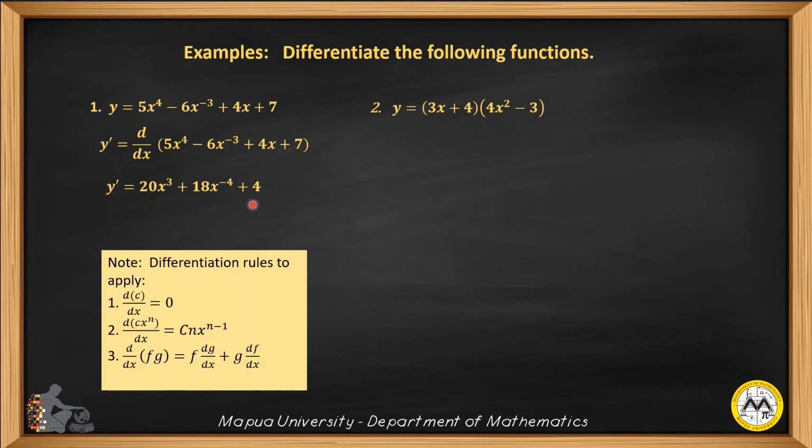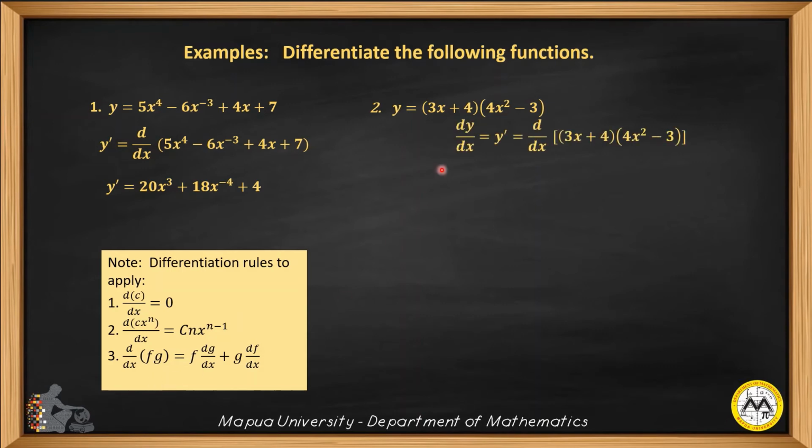Doing another function, here y is defined as the product of 3x plus 4 with 4x squared minus 3. Recognizing that y is a product, its derivative would be done using rule number 3.